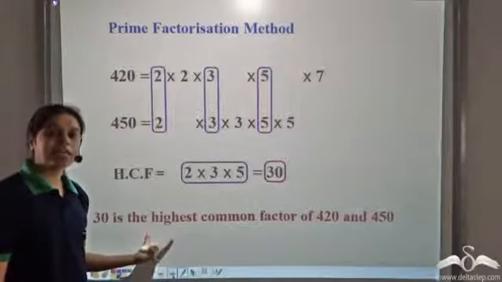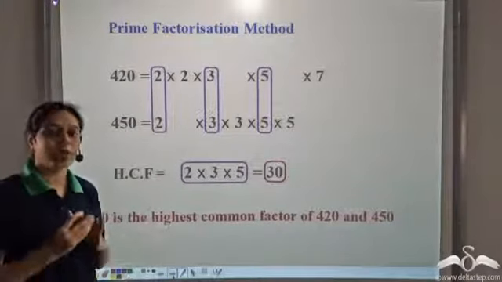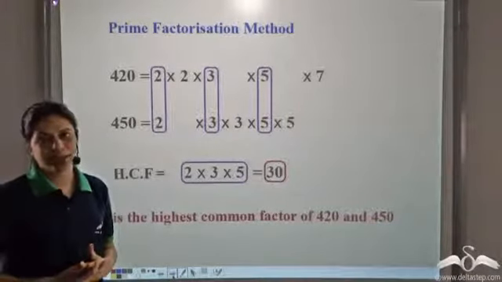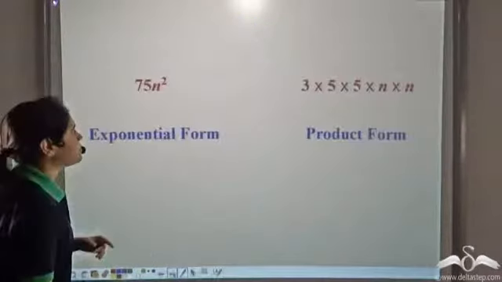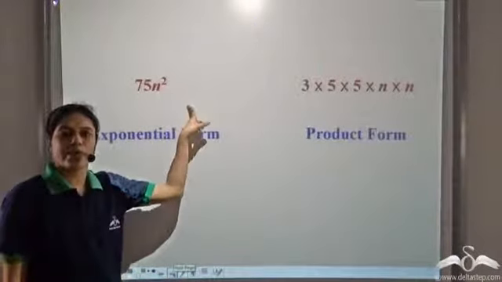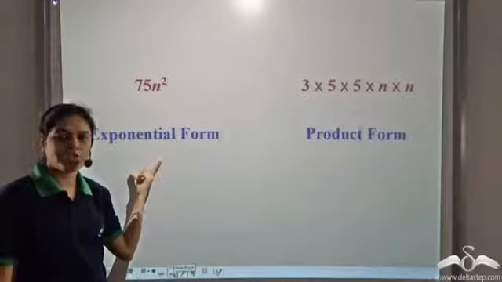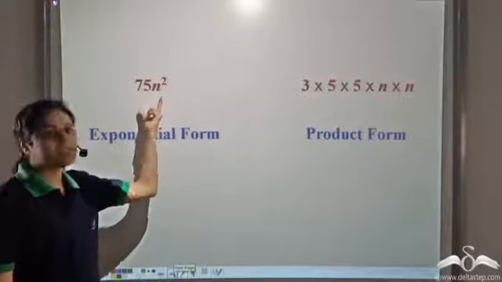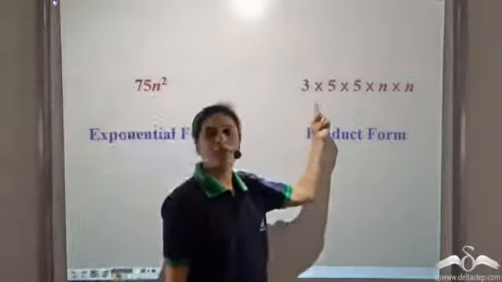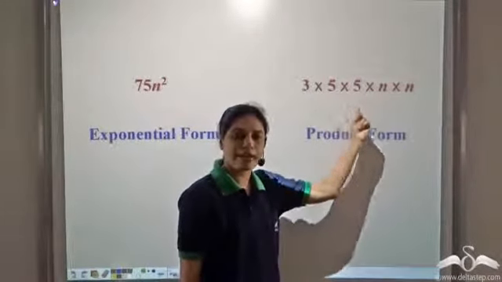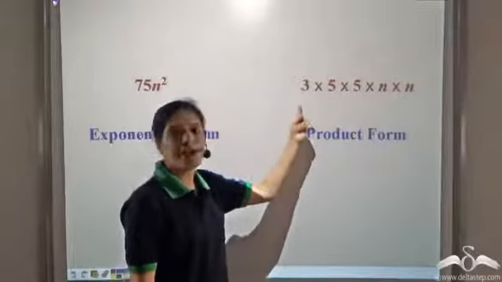Now we can calculate the HCF of algebraic terms in a similar manner. So look at this term, 75n square. This is 75n square written in exponential form. We can write it in terms of the product of its irreducible factors. Irreducible, why?